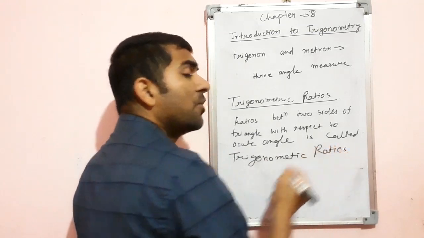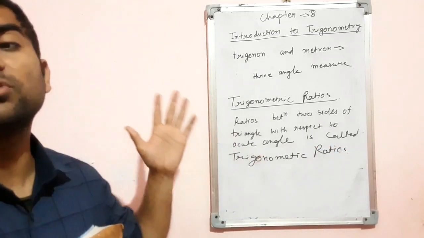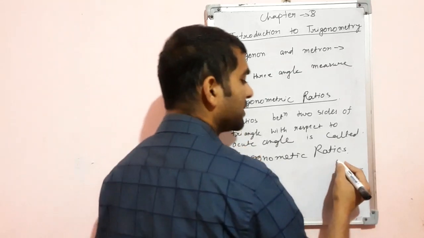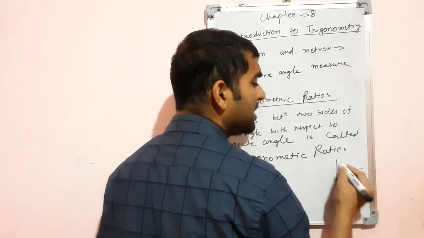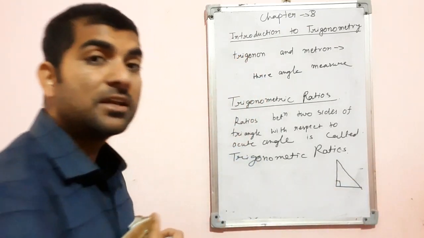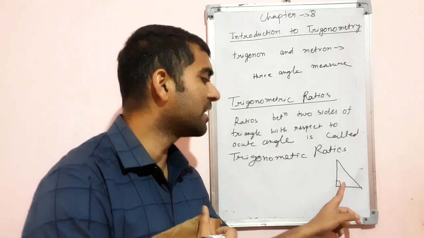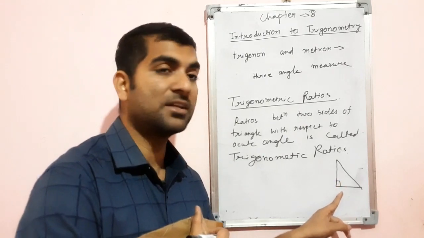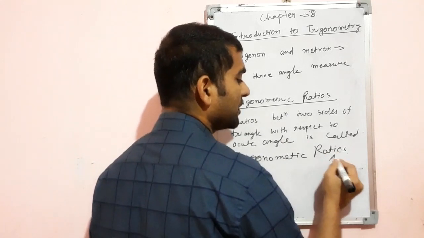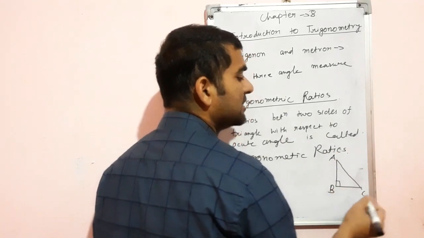In this chapter we are always going to study the right angle triangle. What is a right angle triangle? A triangle in which the measurement of one angle is 90 degrees. Suppose this is our right angle triangle and we name it ABC.